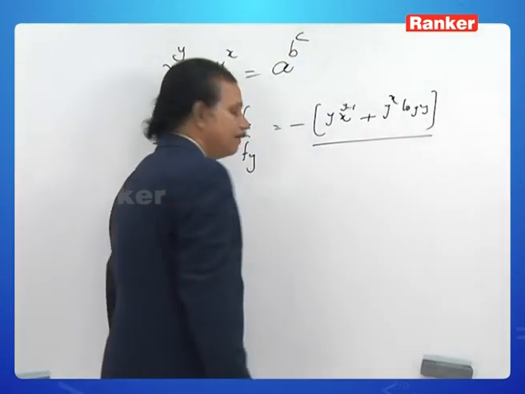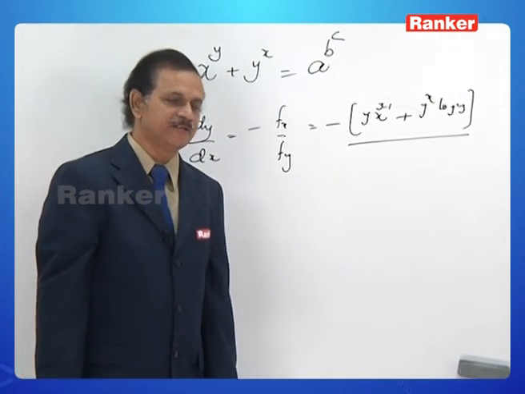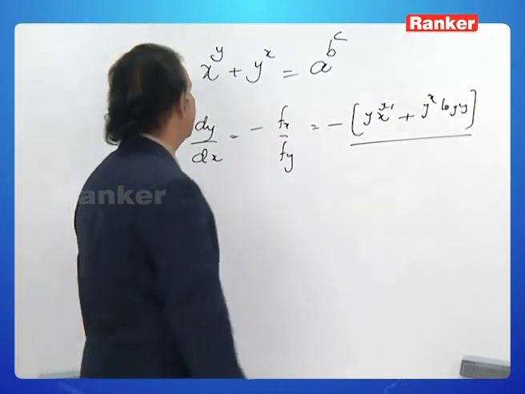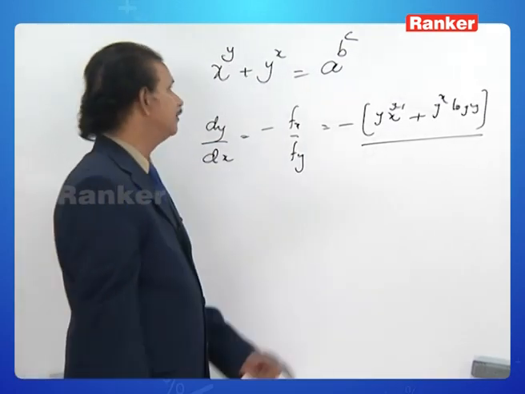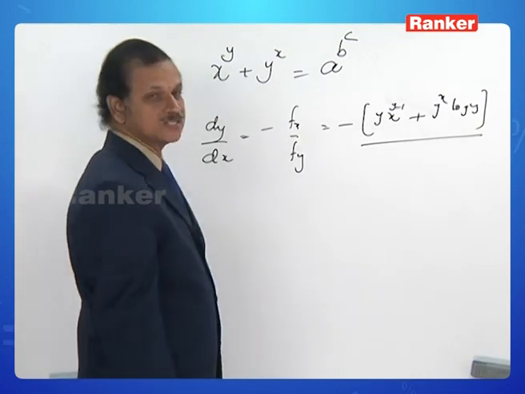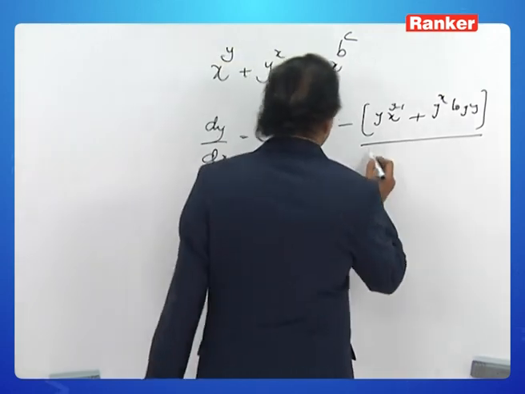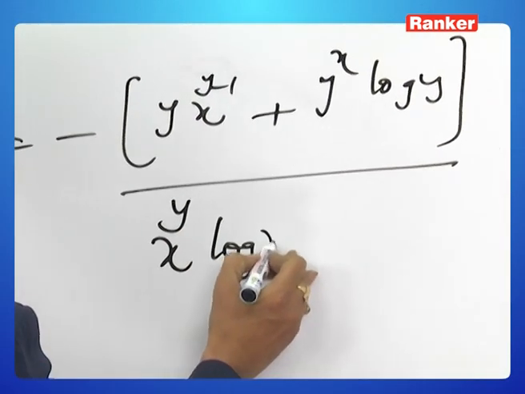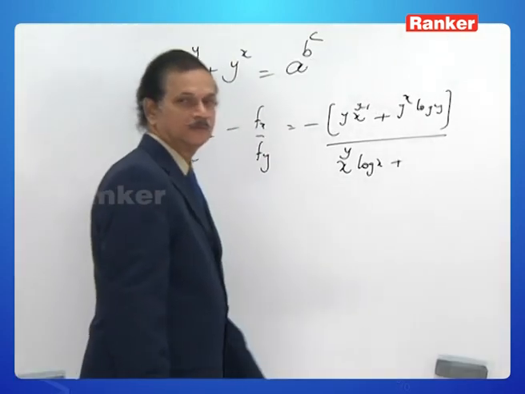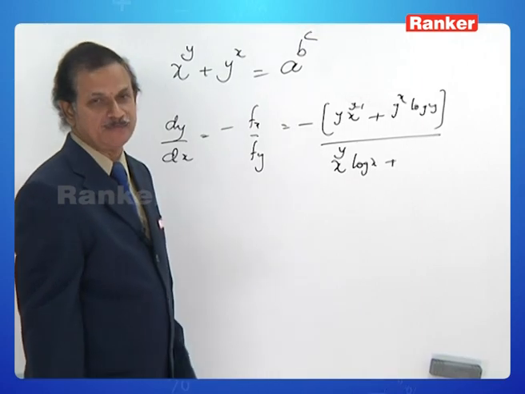Divided by fy, the partial derivative of f with respect to y. Now, y is the variable and x is the constant. Constant power y, that is k power y, imagine. K power y, what is the derivative? K power y into log k, plus x is the constant, y power k. What is the derivative?